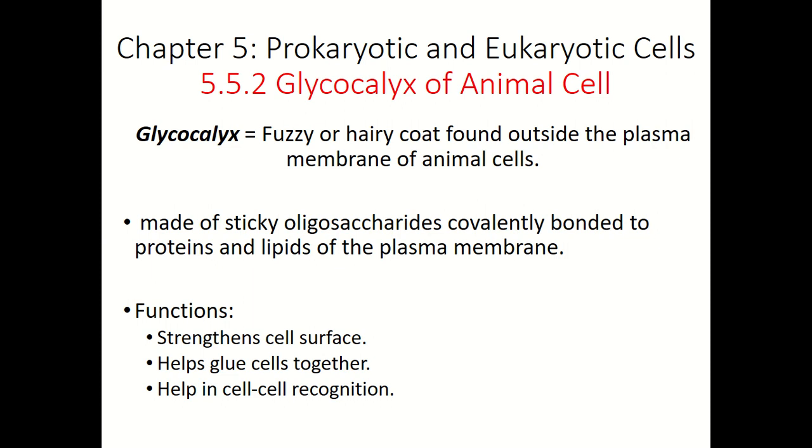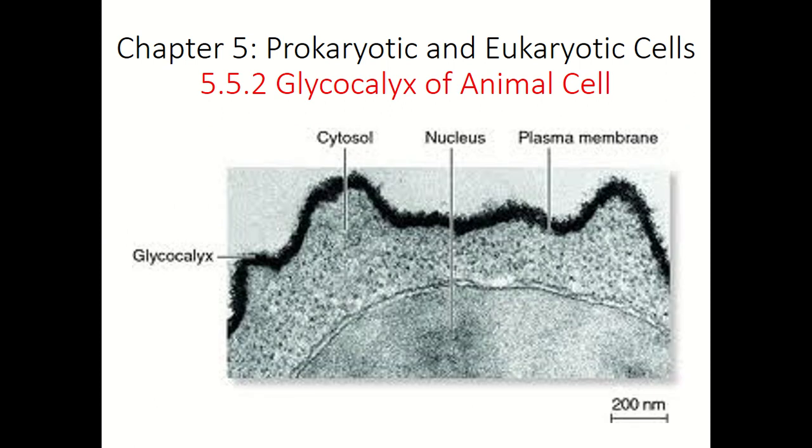The functions of the glycocalyx are to strengthen the cell surface, to help the cells stick together, and to help in cell recognition. As you can see over here, it looks like a hairy coat that surrounds the plasma membrane of the cell.